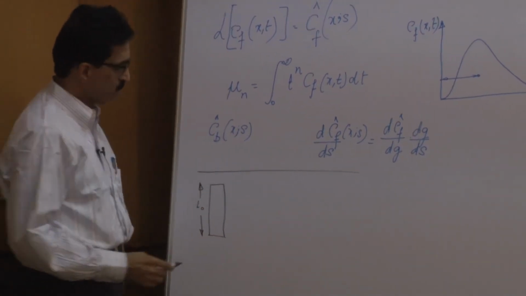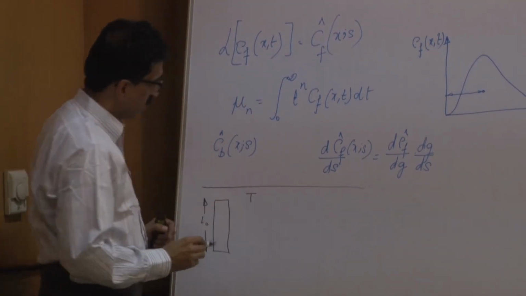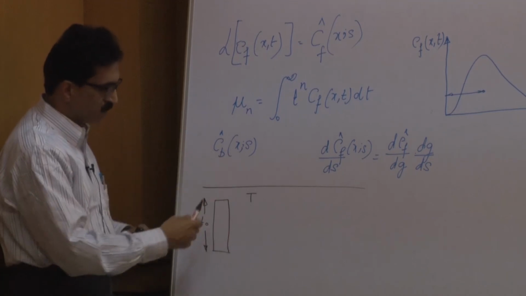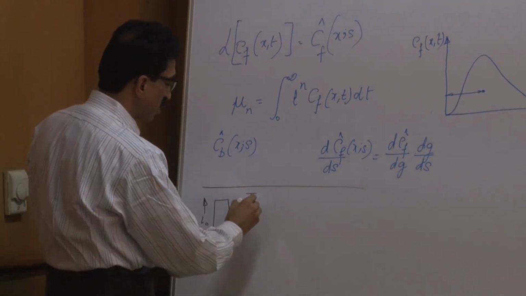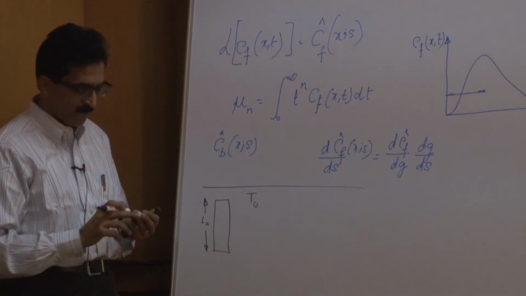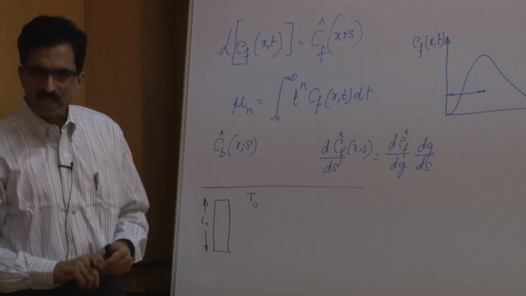That was my length of the column. Therefore my random variable t, which denotes the travel time through this column, let's call t sub 0. That's my random variable, because it was done for L sub 0 conditions.